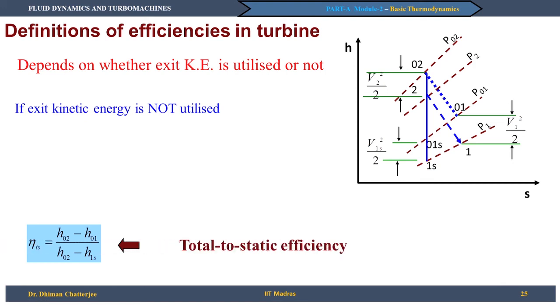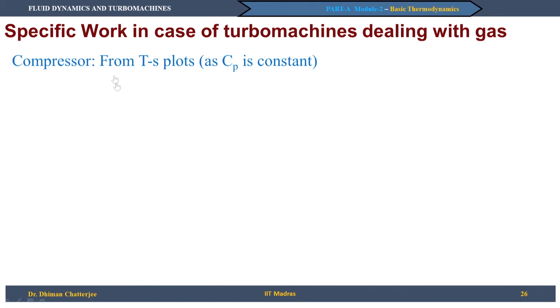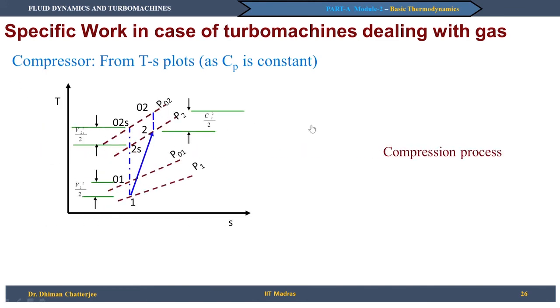Thus, we know that there are different ways of expressing the efficiency of a turbine. And last thing, about the compressor, we can talk about the specific work and the efficiency.